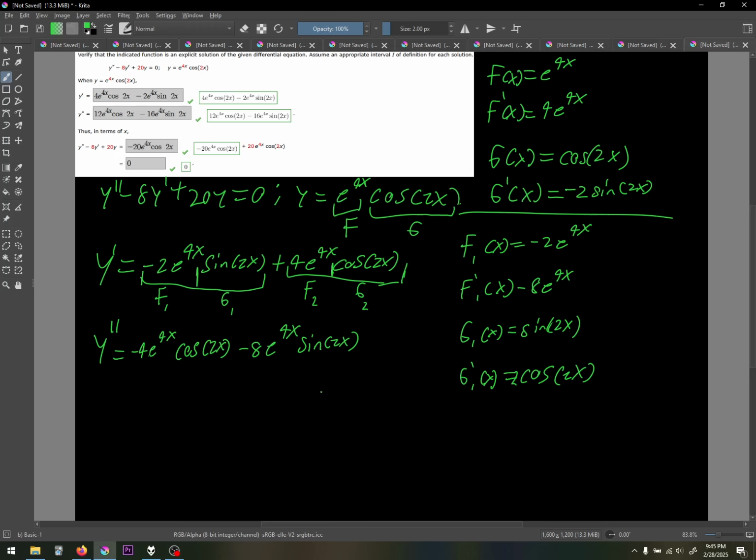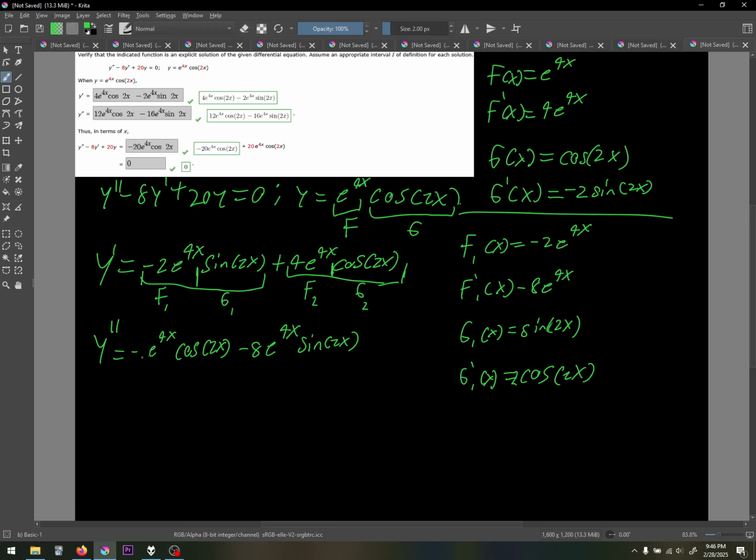Okay. Looks like they've doubled theirs somehow. Their 8 became 16. Their 4 became 12. I think there should, no, there shouldn't be a 2 here. Okay. What happened here?